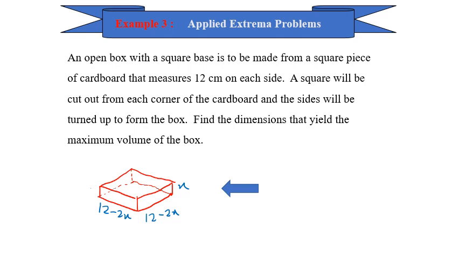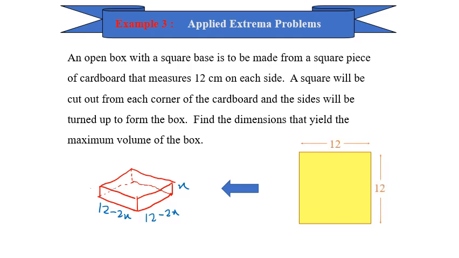In this example, an open box with a square base is made from a square piece of cardboard with dimension 12 cm on each side. So this is the cardboard. The cardboard is 12 times 12.